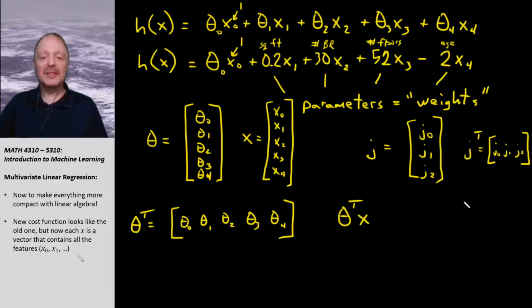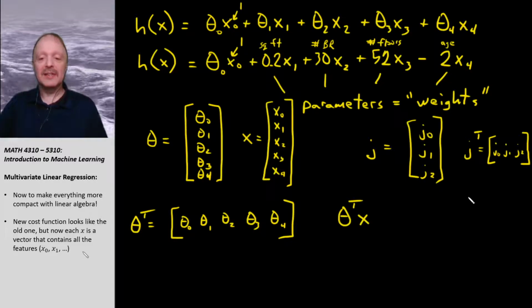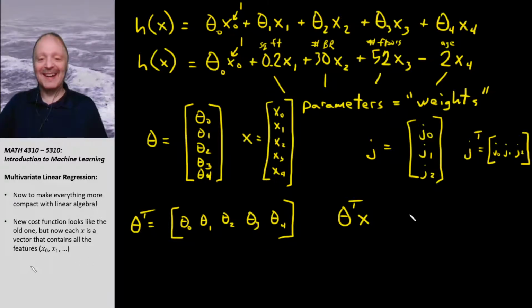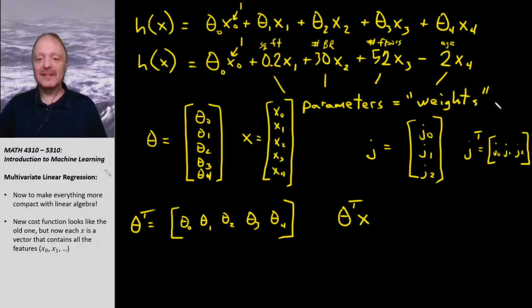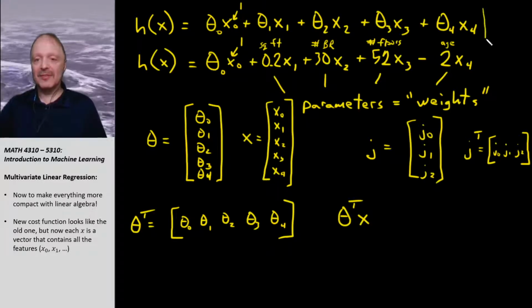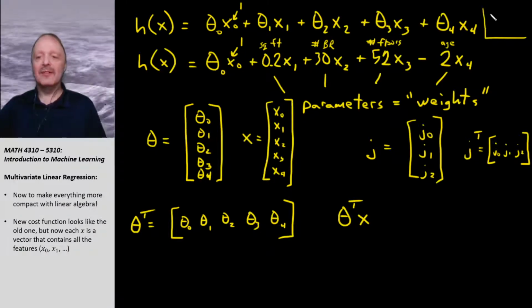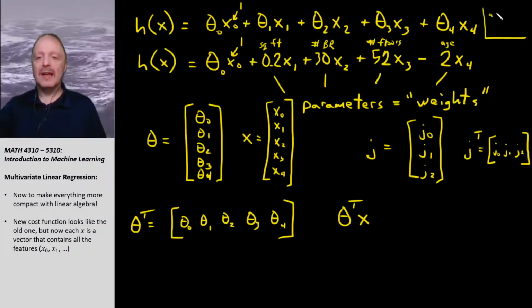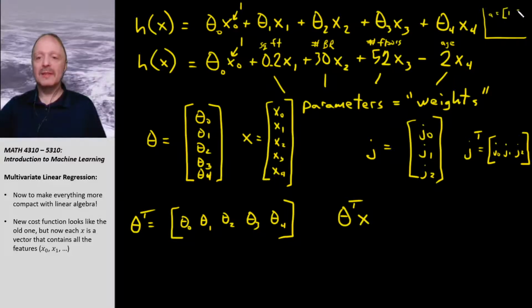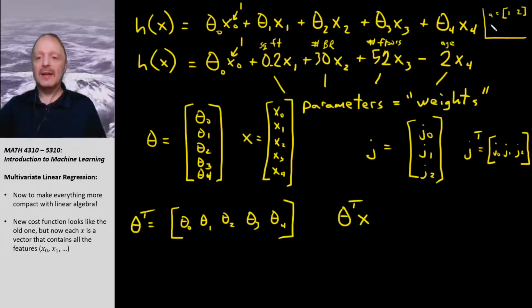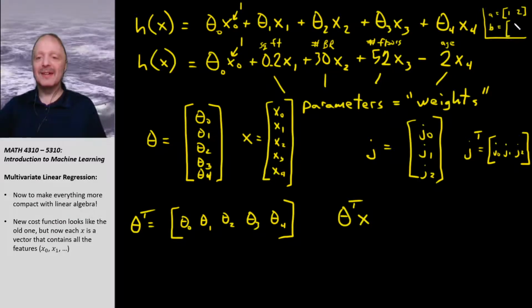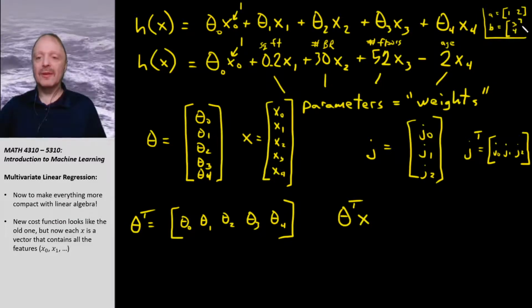What is matrix multiplication? Well, let me find a little corner somewhere. I'm going to try to fit something right here. If I have A is equal to 1, 2, and B is equal to 3 and 4, okay?